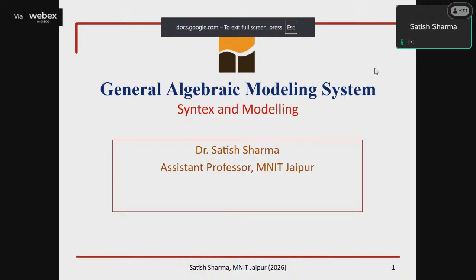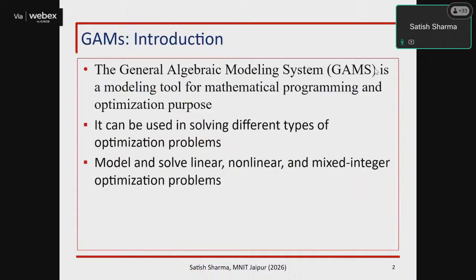So yes, it's visible. I will quickly go through the introduction and how we can use GAMS, and then we will solve a simple problem first, and then we will try to solve market clearing itself. I will come up with certain examples and we will try to solve them. GAMS is a modeling tool for mathematical programming and optimization.